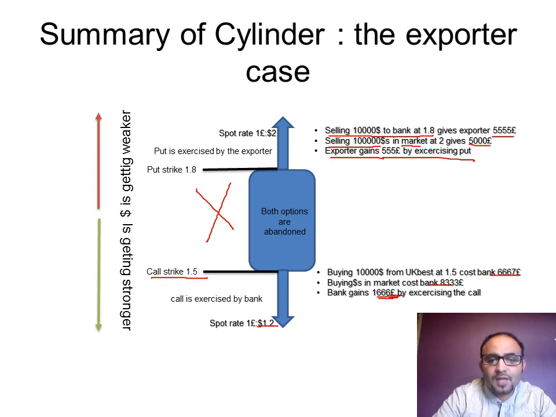So by exercising its option, the exporter will gain 555 pounds.